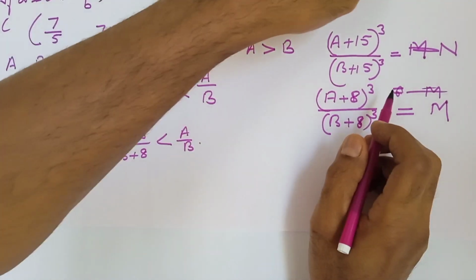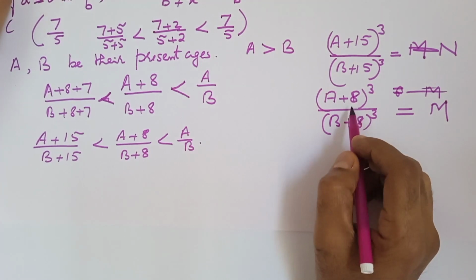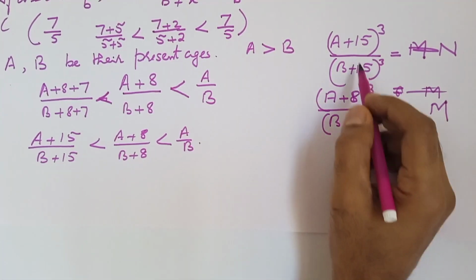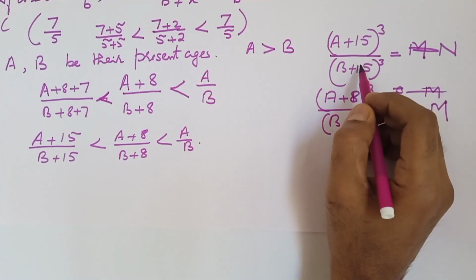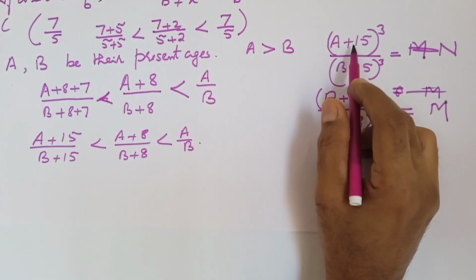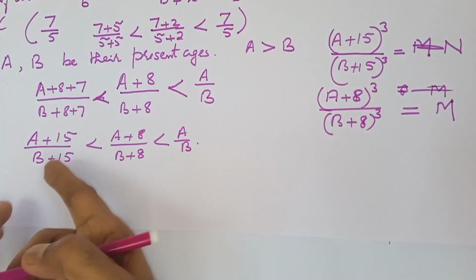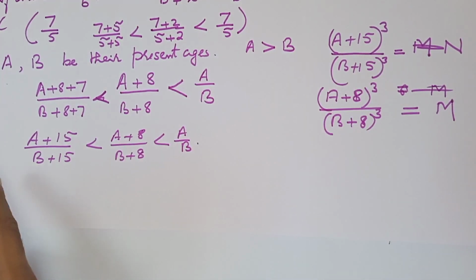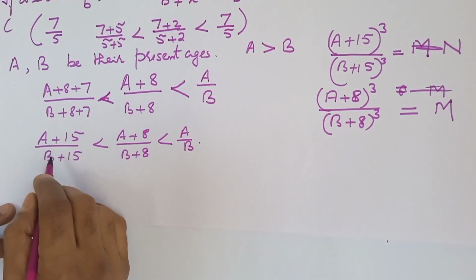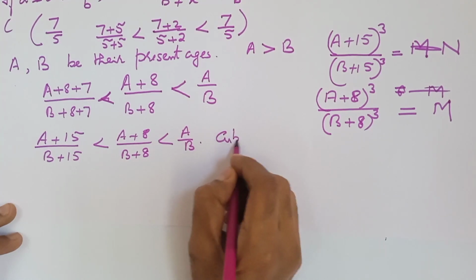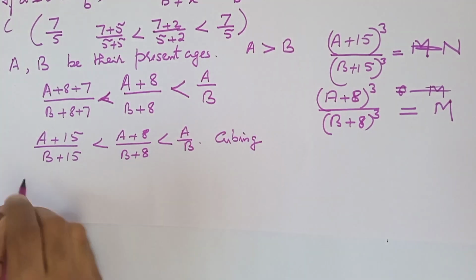You can read it. M denotes the ratio of cubes of the ages 8 years from now. N denotes the ratio of cubes of their ages 15 years from now. Now compare that to this. So you got an inequality here. You just cube the inequality.